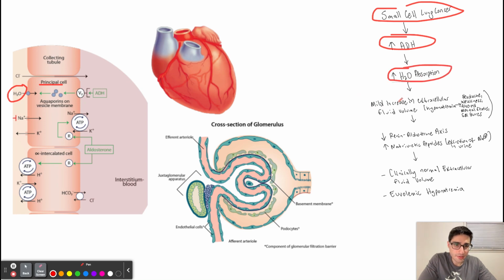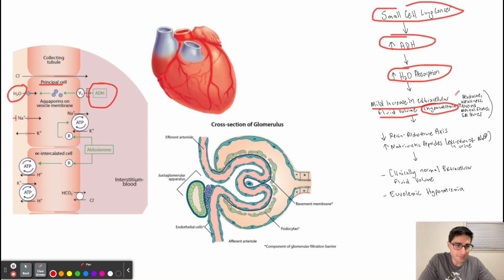This increase in water reabsorption is then going to cause a mild increase in extracellular fluid volume. So we're basically increasing the volume in our body because we have this increase in antidiuretic hormone production from the cancer. Now, this is going to result in hyponatremia.